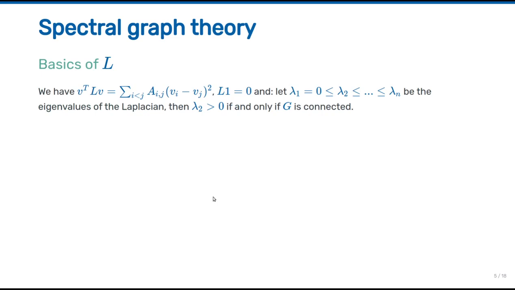Now some very basic facts about the Laplacian. A simple calculation shows that if you take any vector v, v transpose L v gives you this quadratic form. So you see directly that all the eigenvalues of L are non-negative.